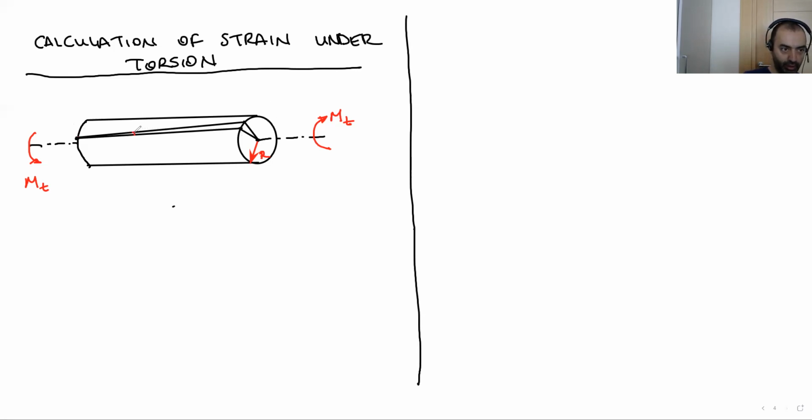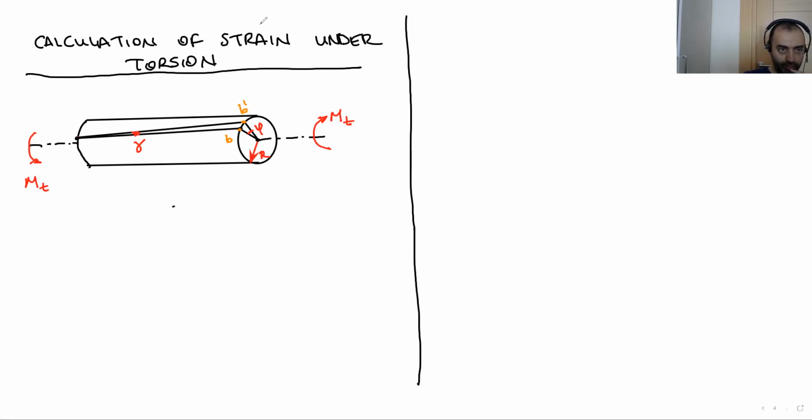Here there is a longitudinal angle change. This angle here is gamma, and this angle on the section is phi. By the way, this point is B. After rotation, we get this point, B prime.